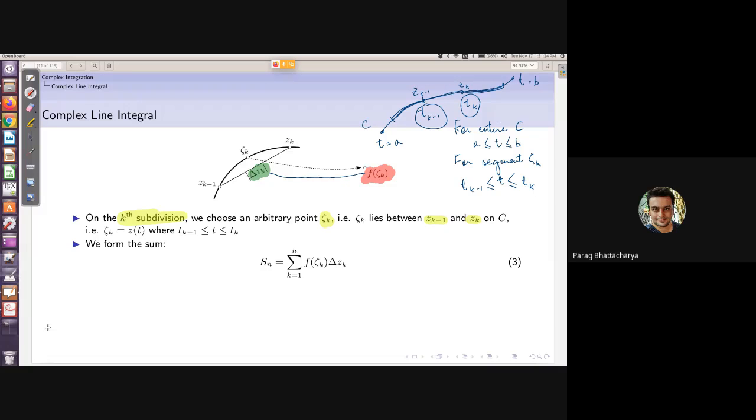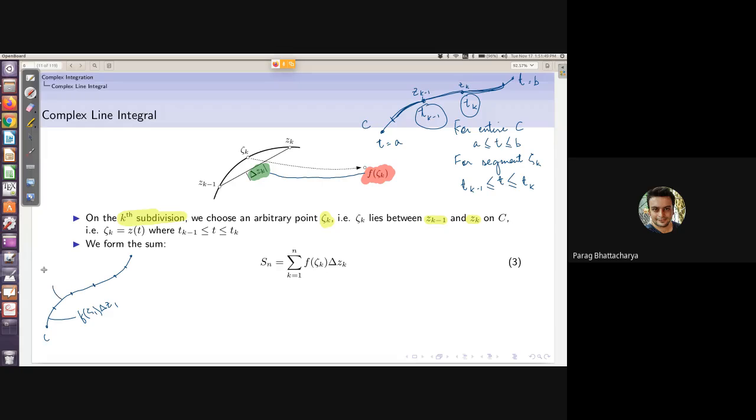So essentially, let's say this is the entire curve C, this is one end, this is the other end. You divide this into many small segments. For the first segment you'll have f of zeta 1 times delta z_1.